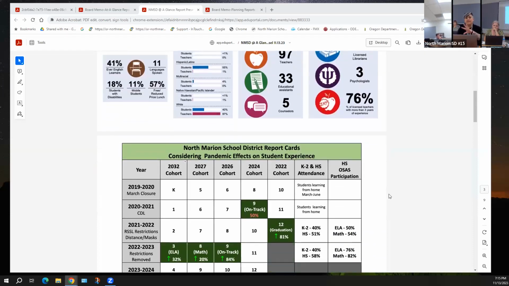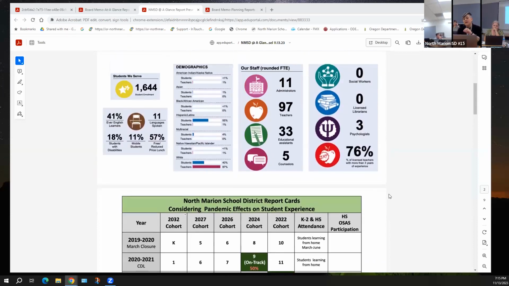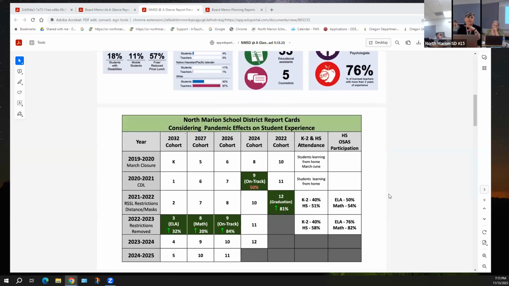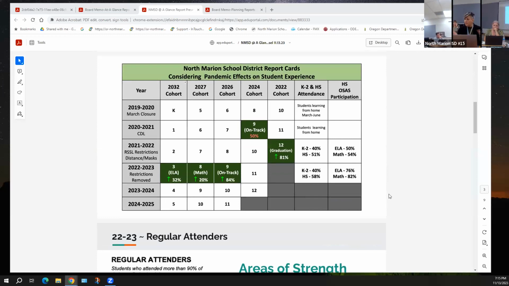The snapshot you see right here is for the district report card, which is a summary or an average of all the information from all of our schools. And then you also have links to each of the individual schools, which would be specific to those schools.